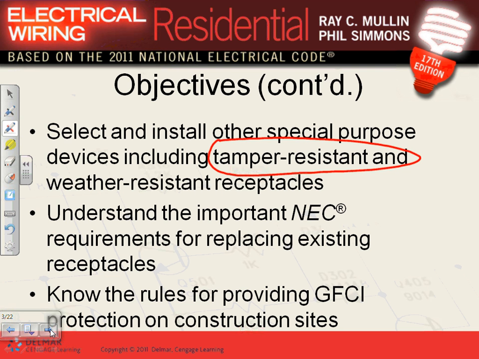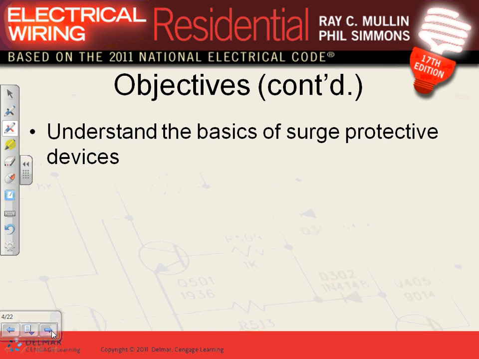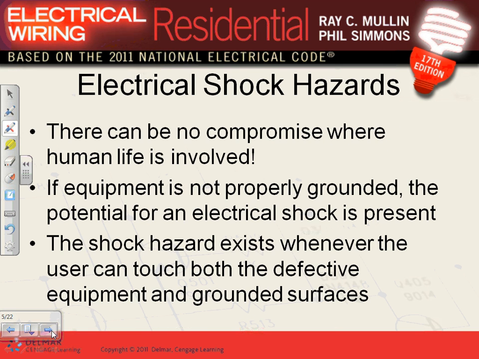Weatherproof only if they're installed outdoors in a wet location, tamper resistance everywhere. Did you guys hear me? You have to have tamper resistant receptacles, weatherproof if they're installed outdoors in a wet location. But GFCI or arc fault circuit interrupters depend on the location, the certain locations that we highlighted where you need them. So please be aware of that one. We'll talk about surge protective in a second.